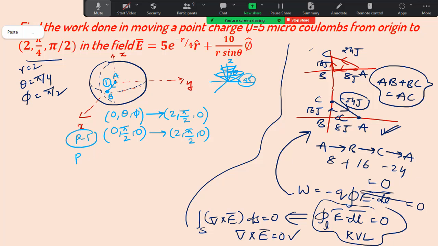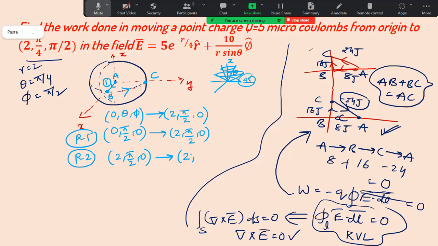Next, path 2. If you observe, from B to C we have to go. B is 2 comma pi by 2 comma 0, that is the same. C means again we are on the boundary of the sphere, so R is 2 only.